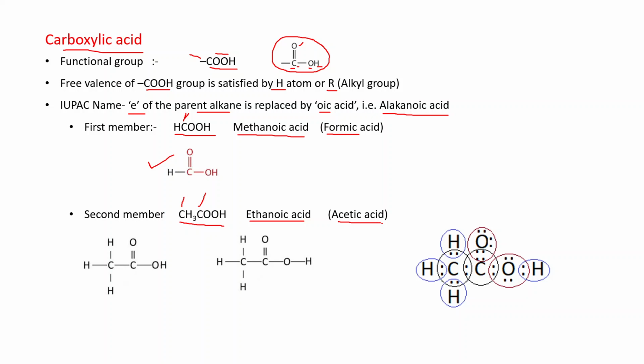Acetic acid is present in vinegar. And this is the structure of CH3COOH, and you can also make the structure like this. This is the electron dot structure of CH3COOH, ethanoic acid or acetic acid.